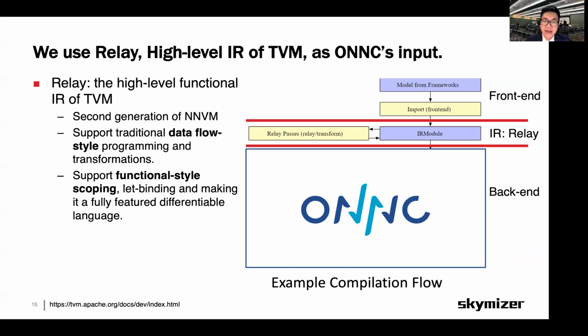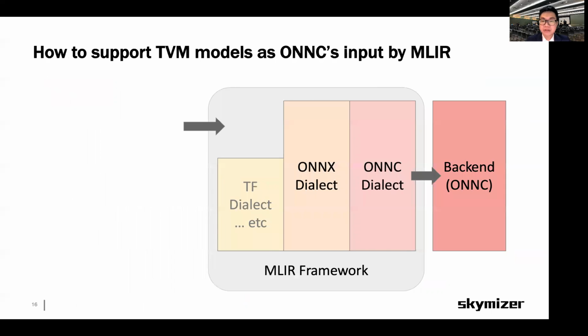And how do we do that? We use the same approach as you saw with TensorFlow. We have ONC's backend, the ONC dialect, the ONNX dialect, and we implement the Relay dialect, and also we implement lowering between the Relay dialect and the ONNX dialect.